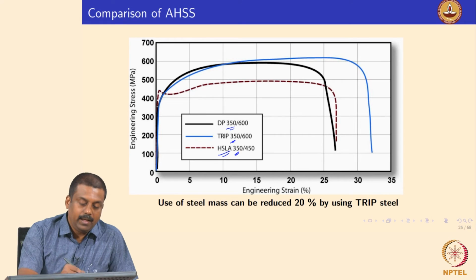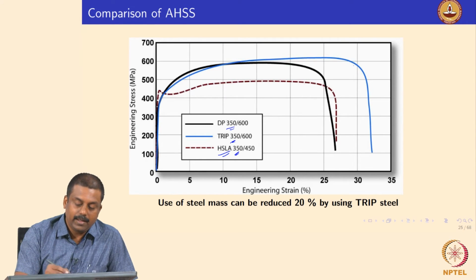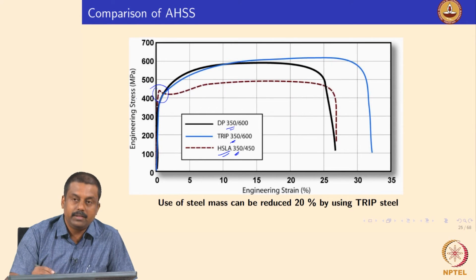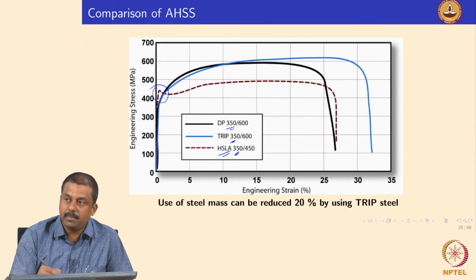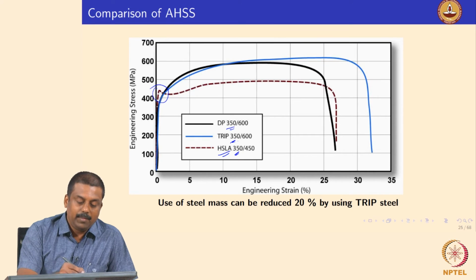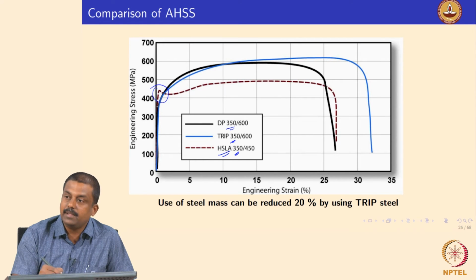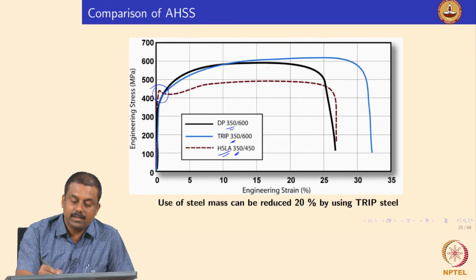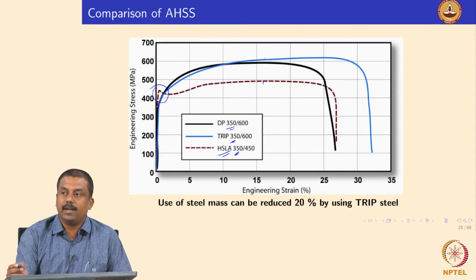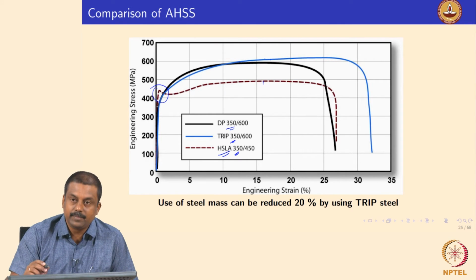But if you look at the actual graph, for a given yield strength, all these three possess a yield strength of 350 megapascal. But if you look at the curves of HSLA, TRIP and DP, even though all these three steels have equivalent yield stress, the ultimate tensile strength of DP and TRIP is much higher than the HSLA steels.